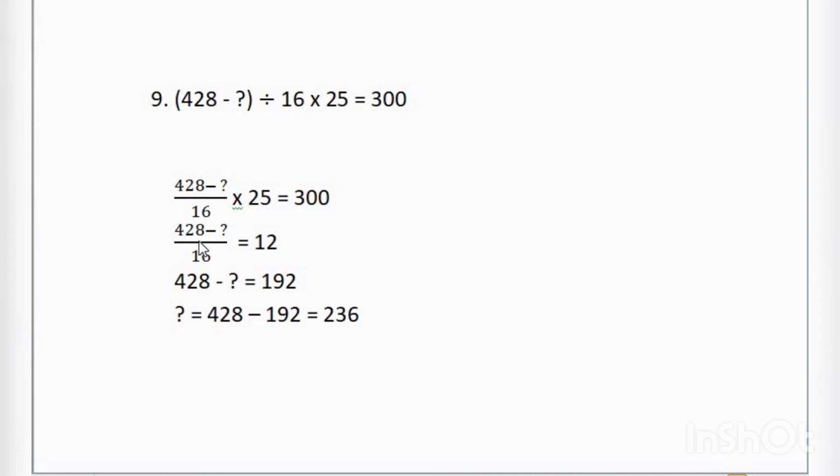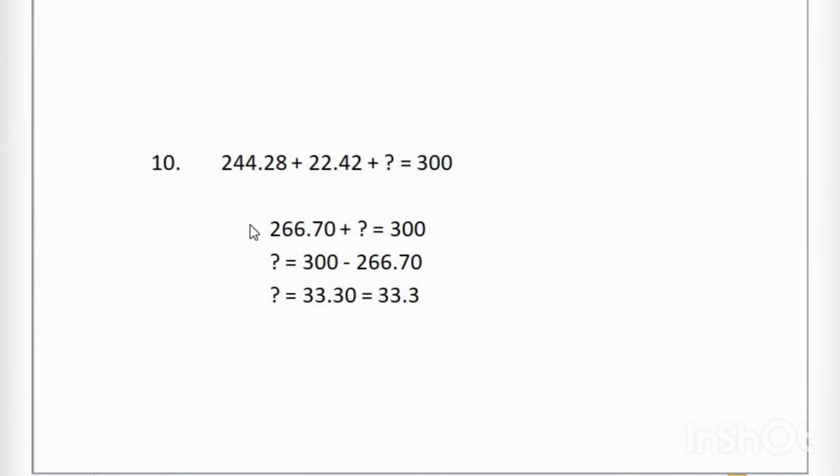So here 428 minus question mark divided by 16 equal to, we know 25 into 12 it is 300. So on simplification we will get like this, right? So 428 minus question mark equal to, on cross multiplication 16 into 12 it is 192. From there we will get the unknown number as 428 minus 192 which is equal to 236. So the answer is 236.